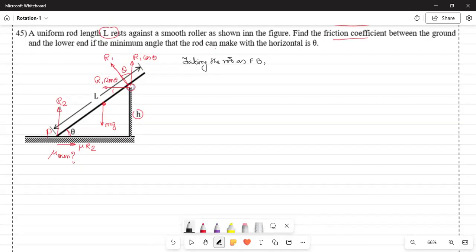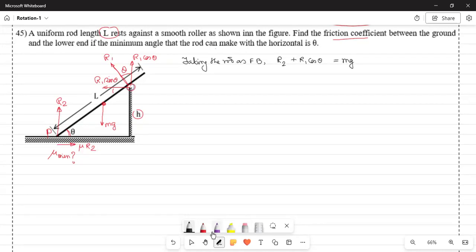We find upward forces R2. There is another upward force, R1 cos theta. The sum of the upward forces, R2 plus R1 cos theta, has to be equal to the downward force, which is mg.